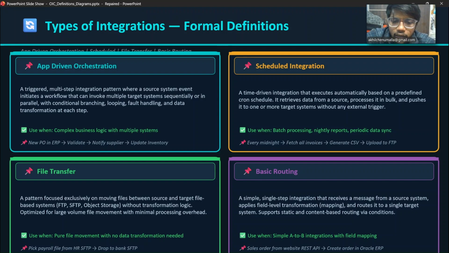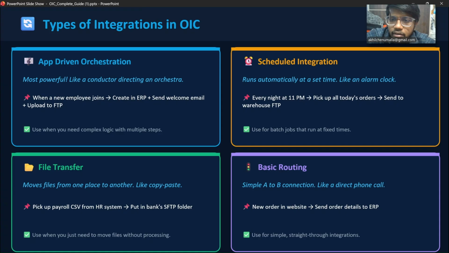This is the formal definition. We also have a simpler definition: the most powerful, like a conductor directing an orchestra. When a new employee joins, create an ERP record, send a welcome email, and upload to FTP.